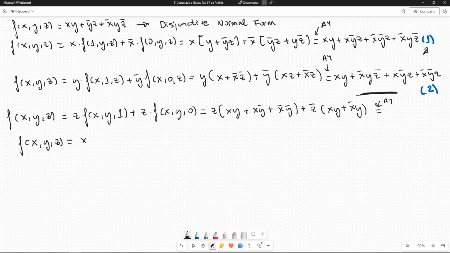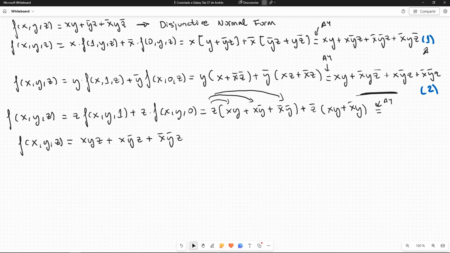x, y, z. I'm just multiplying this using the distributive property, and I am sorting the variables in this order. So plus x y negated z plus x negated y negated z plus, now in the other place we have x y z negated plus x negated y z negated.